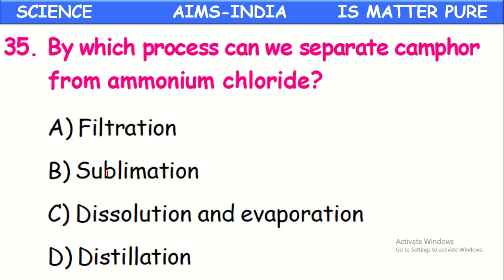That's why we have to use a different technique here, that is dissolution. So when you take this mixture of camphor and ammonium chloride with a proper solvent, then one of the components will be dissolved, the other will be separated by filtration, and then after dissolution, with the evaporation process, the component which is dissolved can be separated. Now we can say the dissolution and evaporation technique is used to separate camphor and ammonium chloride.